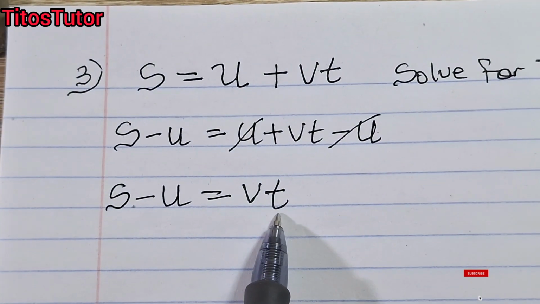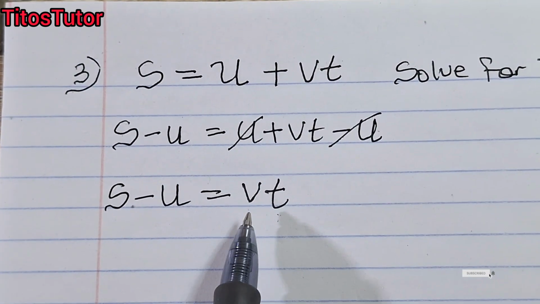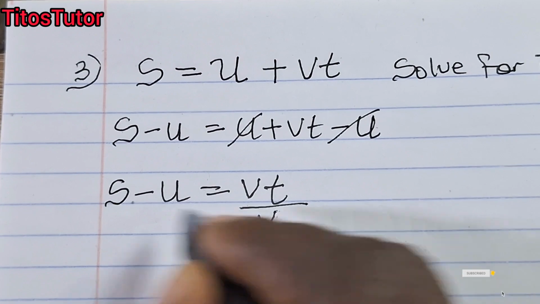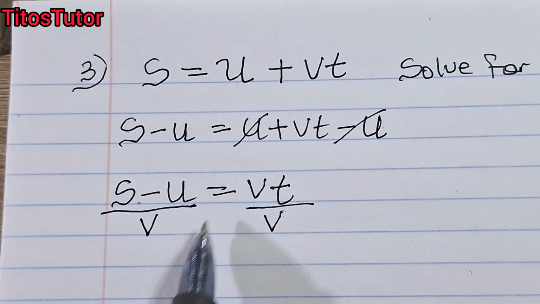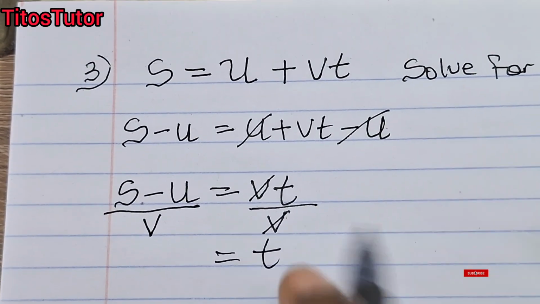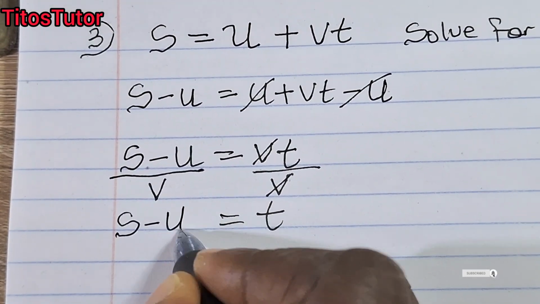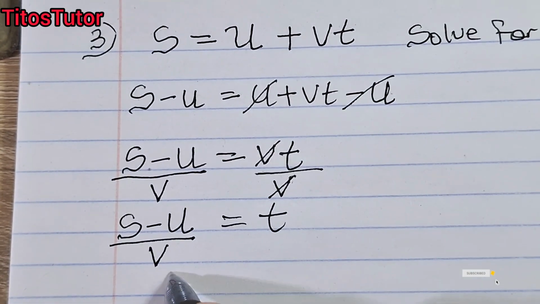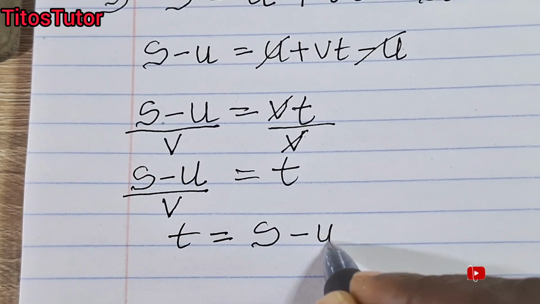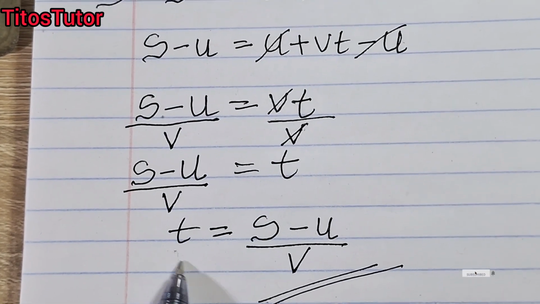Remember, I am making t the subject of the formula, so I need to get rid of this v. I'm going to divide. The reason I'm dividing is because it is multiplying. So if I divide by v for this side, I must divide by v for this side as well because of the equal sign. This v cancels this v. I'm left with t, and my t is equal to s minus u all over v. You can write it the other way if you wish. I have solved for t.